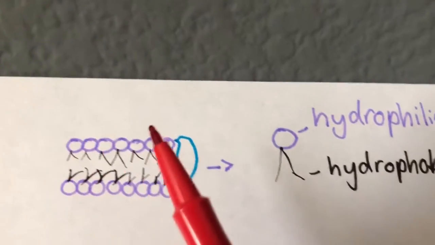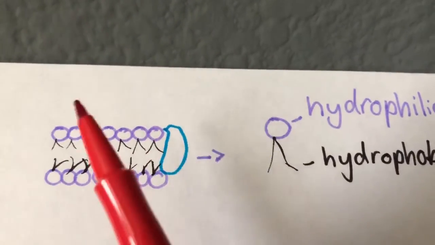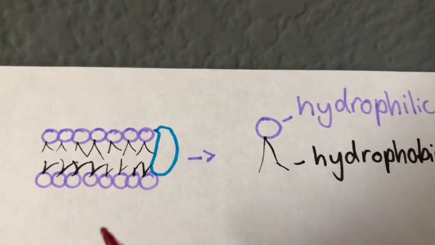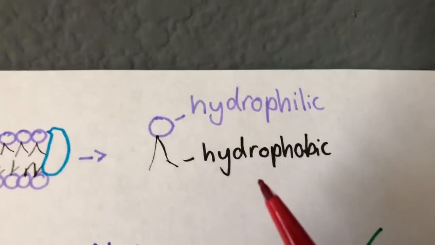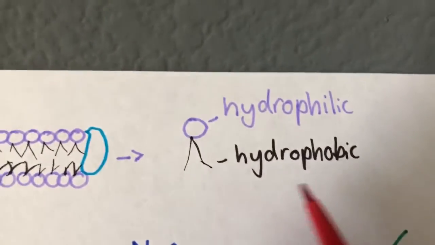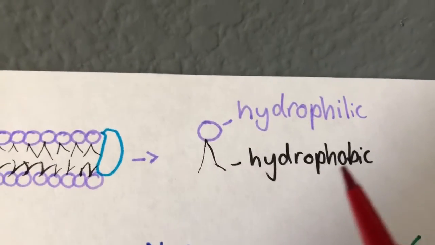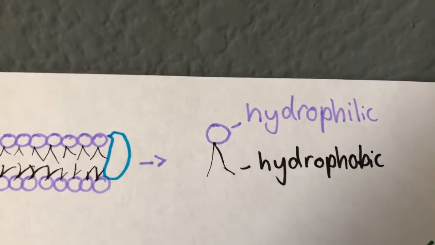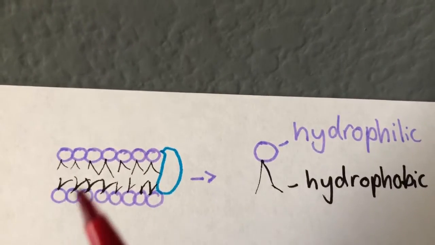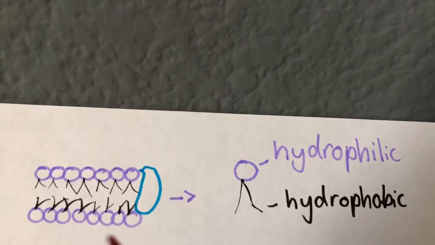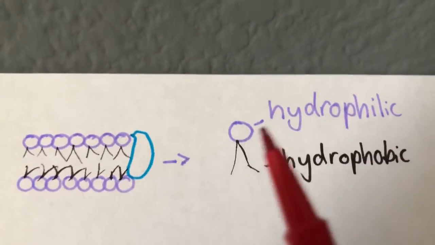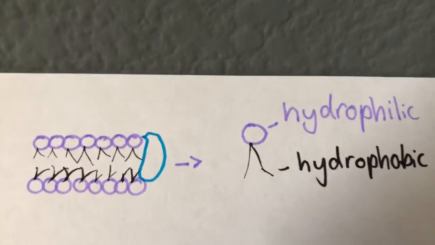That's why they're kind of facing out, because if you can imagine the water outside of a cell and inside of a cell, that's why they face that way. Then you have hydrophobic tails. When you think of a phobia, you don't like water, so these tails orient themselves inward, and that's how they create the membrane. This is important because that helps direct what can go in and out.